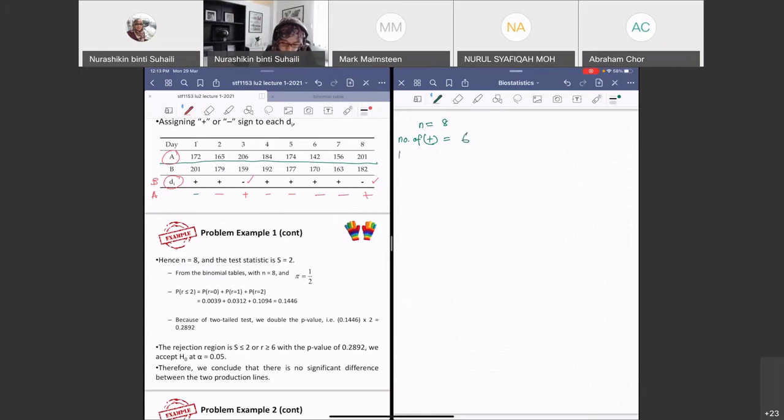It is 6. So the number of negative is 2, right? If you want to sketch it, you start from 0, and the lowest value is 2, here is 6, and it goes up to 8, right? So this is the area that you are looking for.